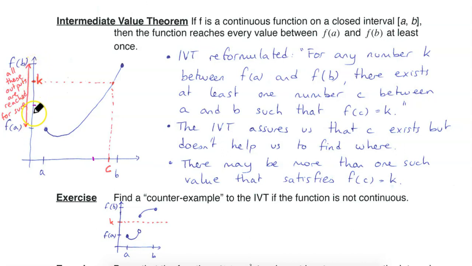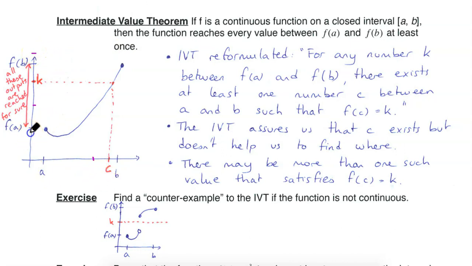Whatever value you choose between the two outputs, it is always going to be possible to pick an input such that f of the input gives the output you picked. On the other hand, if I choose a k here that is not between f of a and f of b, we can see that we don't find a c in this interval such that f of c equals that value.